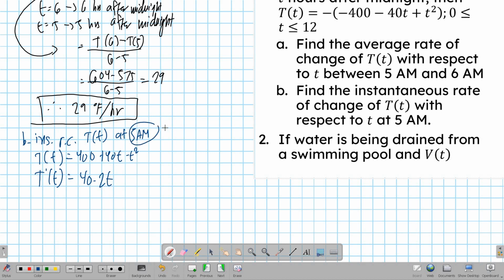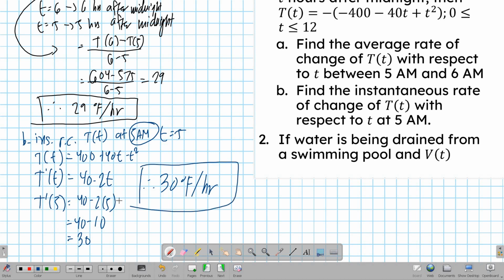So the derivative at 5 a.m., that's t equals 5, so t prime of 5 will be equal to 40 minus 2 times 5, which is 40 minus 10, which gives us 30. Which would mean that at exactly 5 o'clock, the temperature is changing at 30 degrees Fahrenheit per hour.